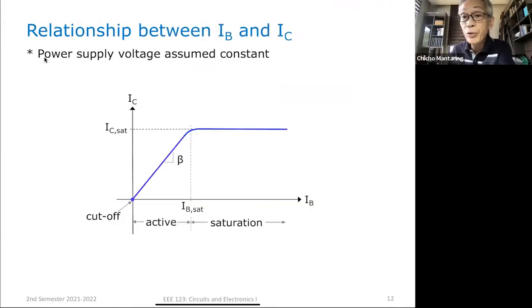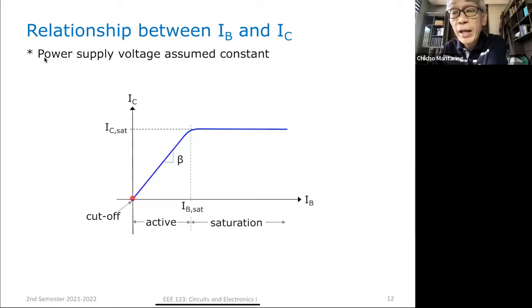Okay, I just wanted to show this graph to you. This is the relationship between IB and IC when my power supply voltage is assumed constant or unchanging. So when IB is equal to 0 and IC is equal to 0, we're at this point where your transistor is cut off.